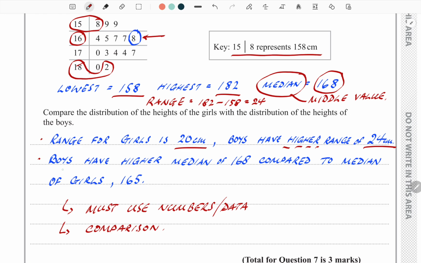Similarly, boys have a higher median of 168 compared to the median of girls, which is 165. So again, we're using a comparison and stating the numbers. That technique is very important. You've got to be specific and state which one is greater, which one is lower, etc.